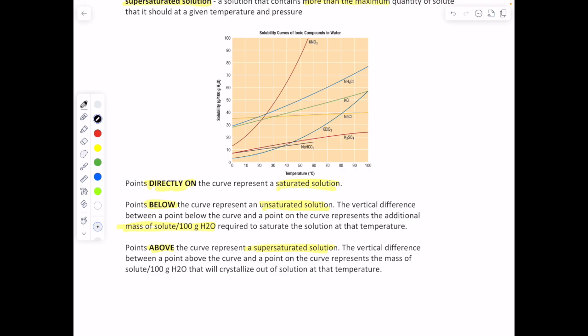So here is the curve for potassium chlorate. And we're going to see 50 grams where it connects with potassium chlorate. And it looks like it will be saturated between 90 and 95 degrees Celsius.